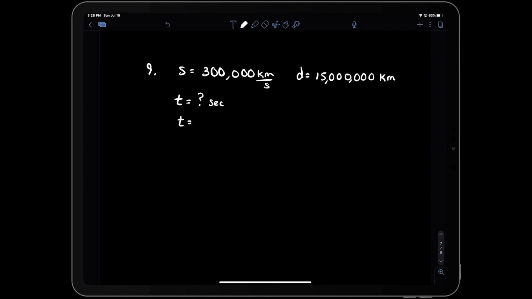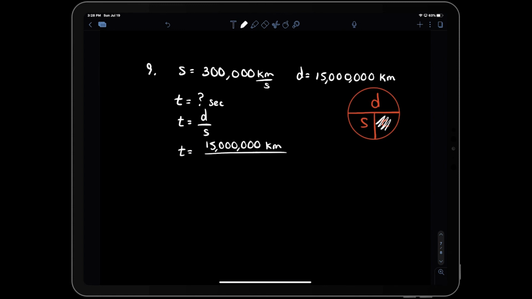So our time here, let's again cheat and use our little diagram. We're trying to find the time, so I'm just going to cover it up. That means that I'm going to take the distance divided by the speed. I can plug in my numbers. I have the 15 million kilometers divided by the speed, that 300,000 kilometers per second.